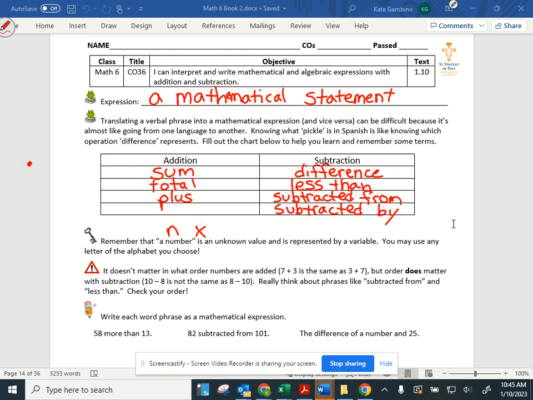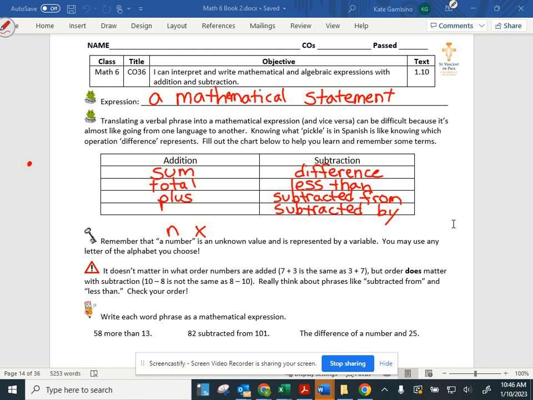We're going to use the dot to mean multiply instead of an X, because that X could be the variable and we don't want to get confused. So now we don't use letters to represent an operation. We'll use the dot to represent that operation of multiplying. Does that make sense? So N, X, they're both a variable. You could have A, you could have Z. They're all variables that represent an unknown number.